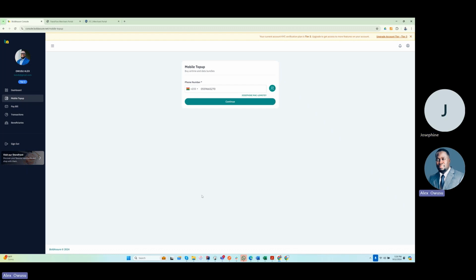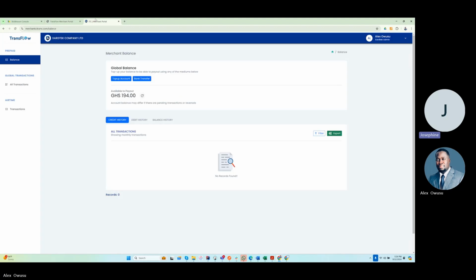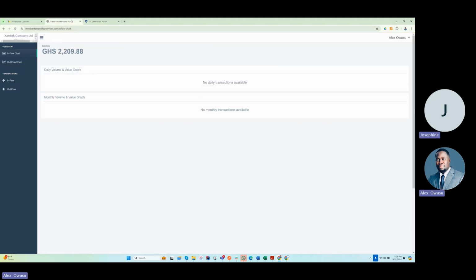Okay, I still have not received the prompt, but typically if we do the transaction, that 2 cedis would be a collection which will come to our inflow, right, as an airtime. If you are not in Ghana, would you still receive the prompt? I actually did one yesterday at work. Yeah, for some reason I'm even receiving calls, so I don't know if it's temporary or it might go away. I'm not sure. Yeah, well, I didn't receive the prompt today.